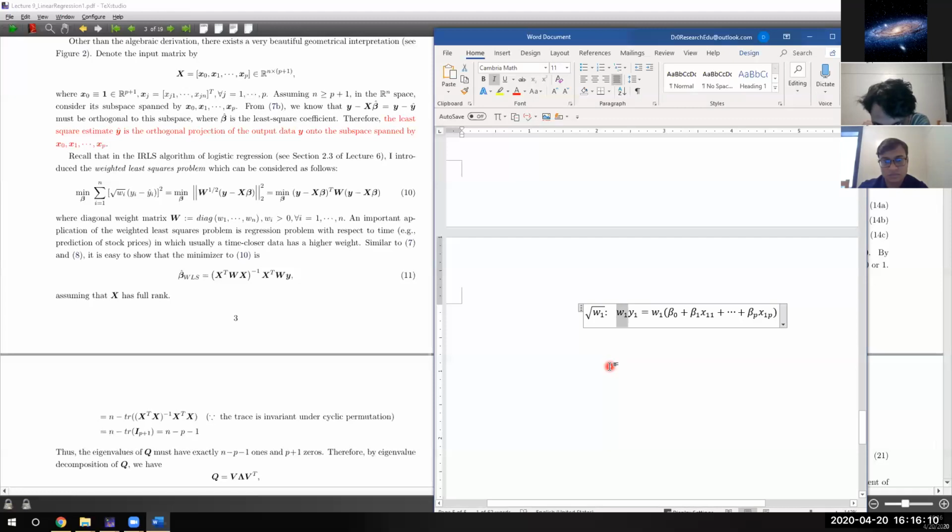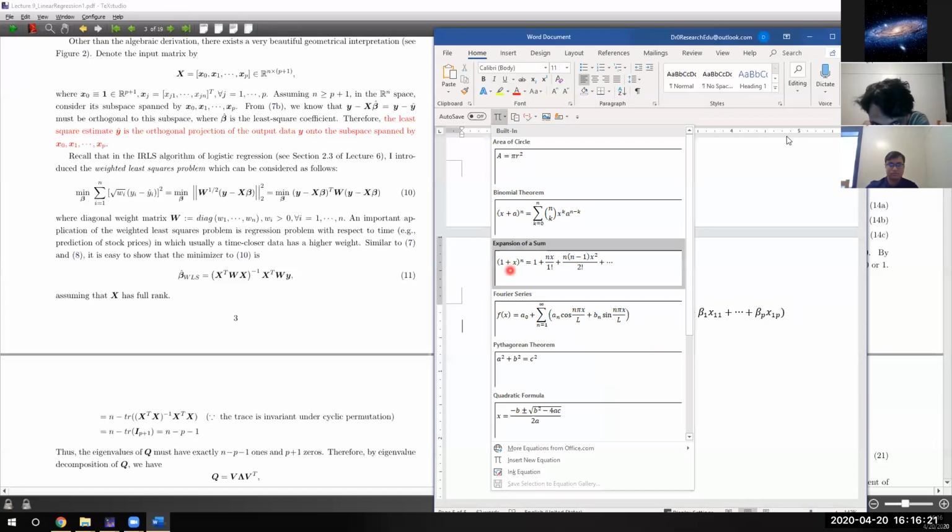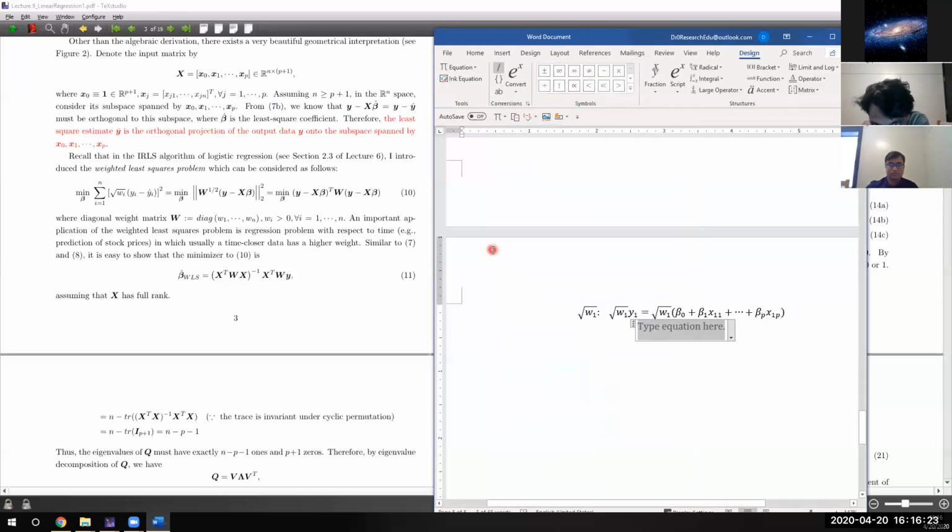Square root of W1 and then square root of W1, so that in the matrix expression I actually have W half x, and my y vector equals W half y.